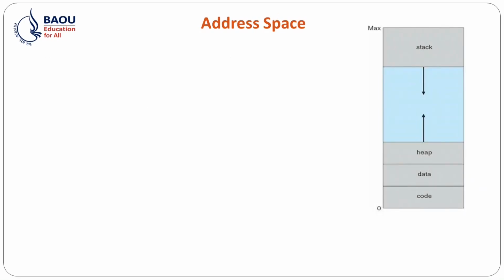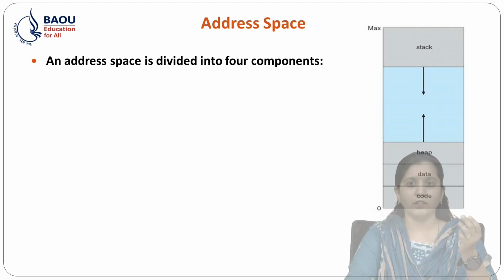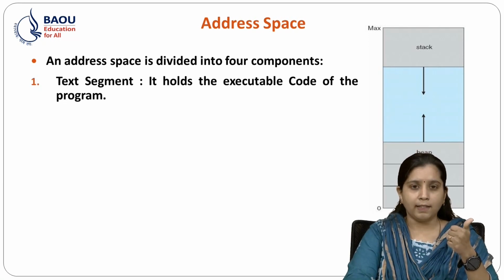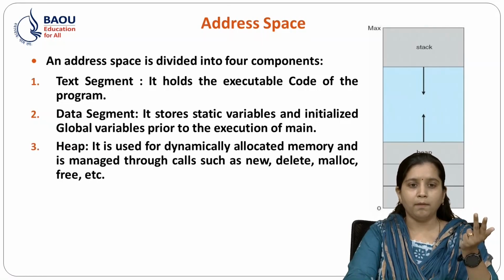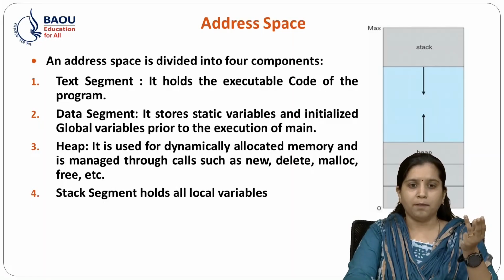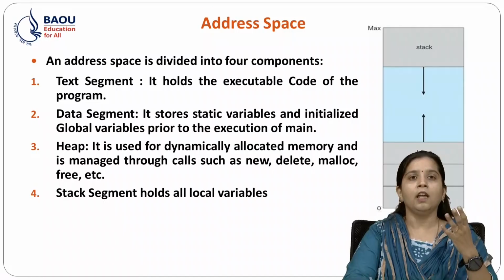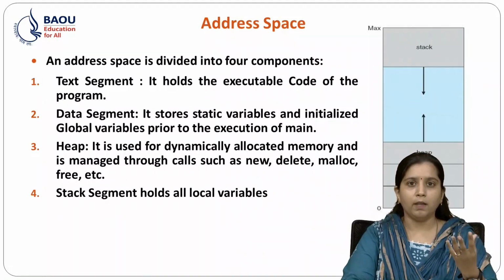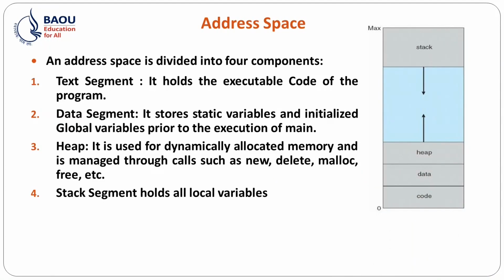Address space is divided into four main components. First is the text segment, second the data segment, third the heap segment, and fourth the stack segment. The text segment holds the executable code of the program. The data segment holds the static variables and the initialized global variables that are going to be used in the main program.